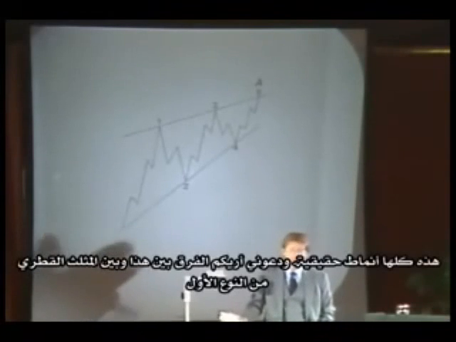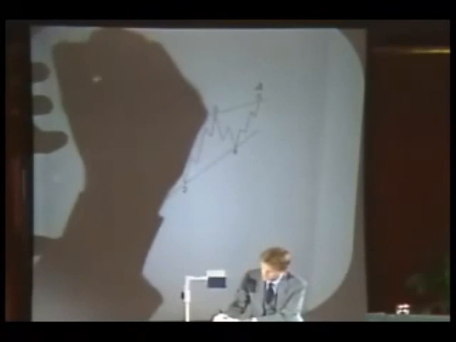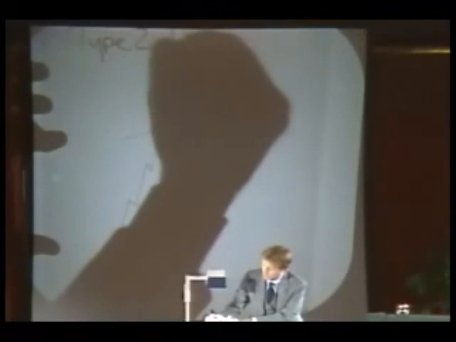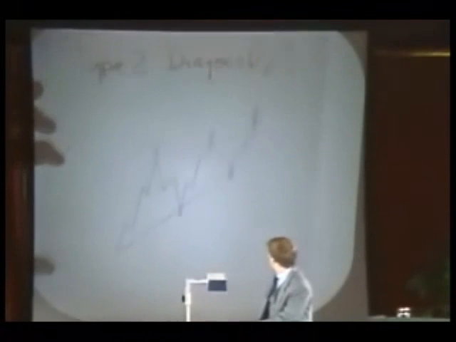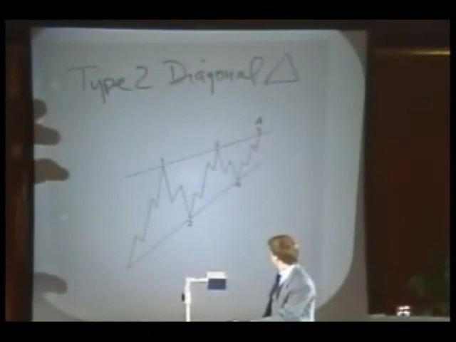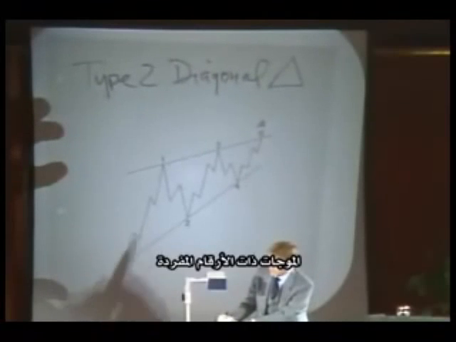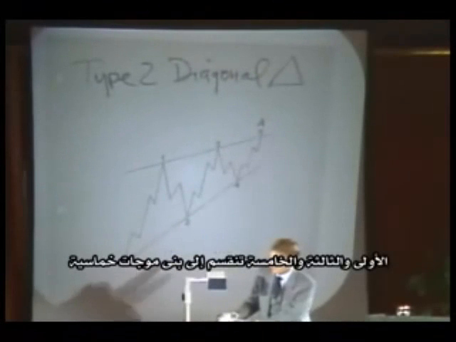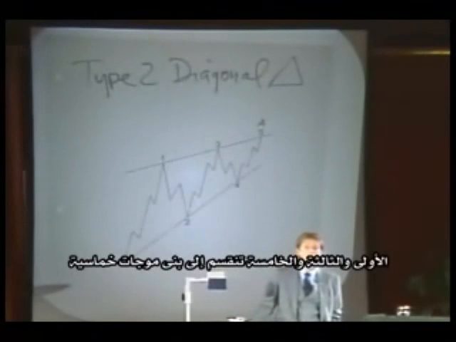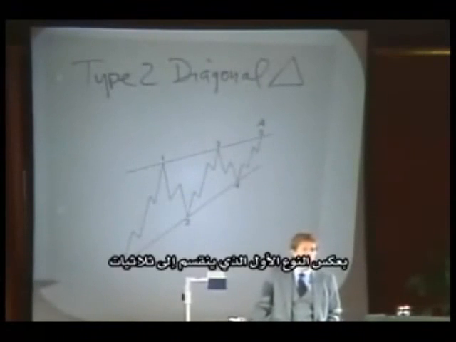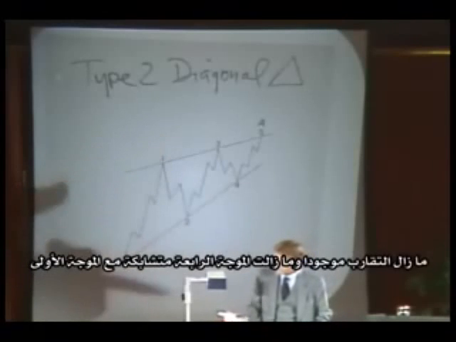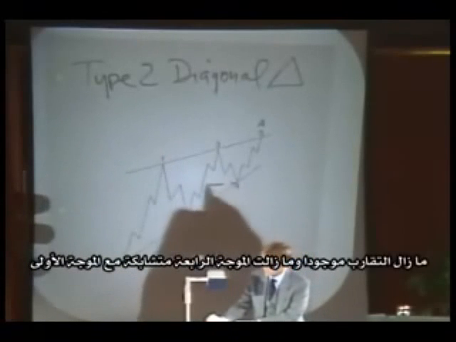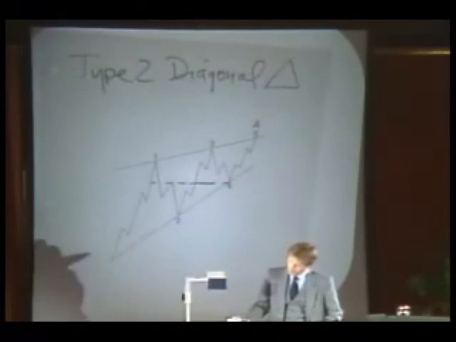These are rare patterns. Let me show you the difference between this and a diagonal triangle type 1. The odd-numbered waves, 1, 3, and 5, subdivide into 5-wave structures, unlike diagonal triangle type 1s, which subdivide into 3s. They still converge, and wave 4 still overlaps wave 1.